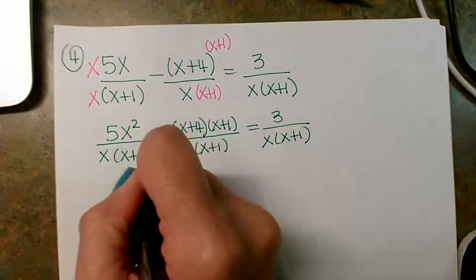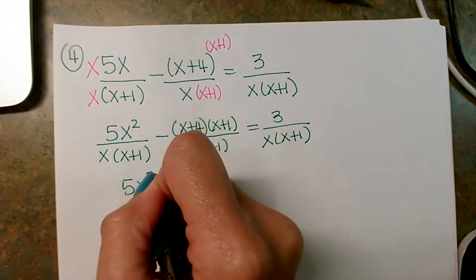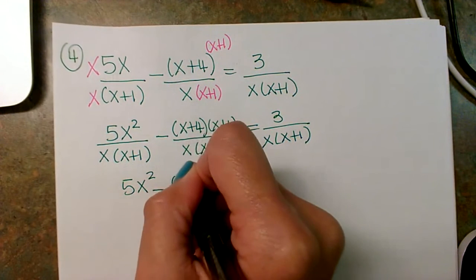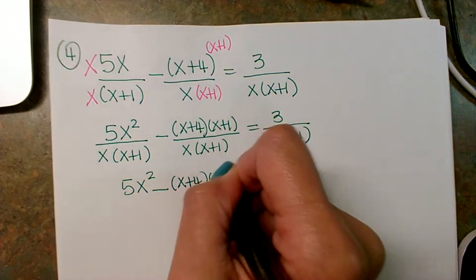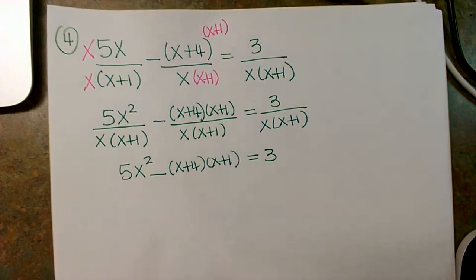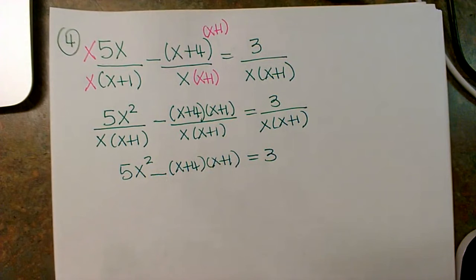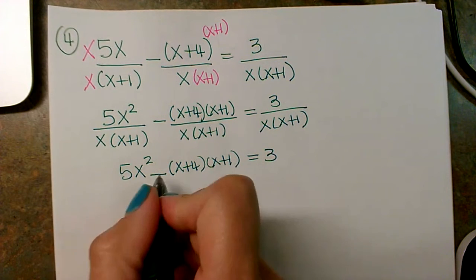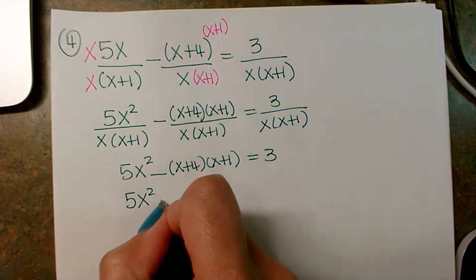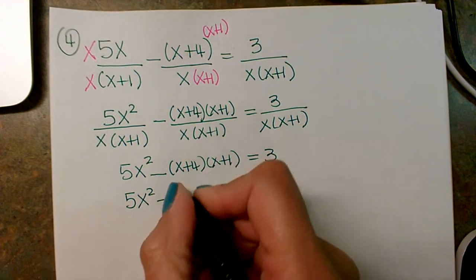So it's going to be 5x squared minus, equal to 3. We gotta solve this one. Remember the negative sign that we have in front. So it's going to be, let me keep the parentheses here.